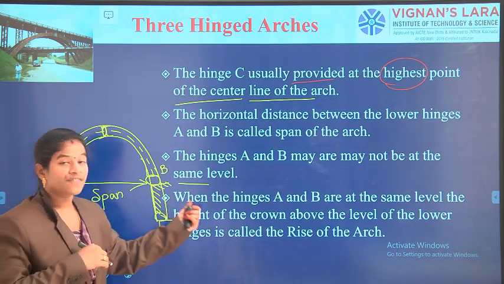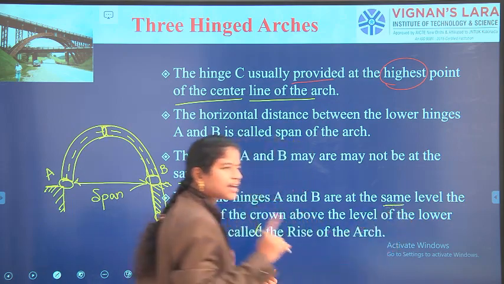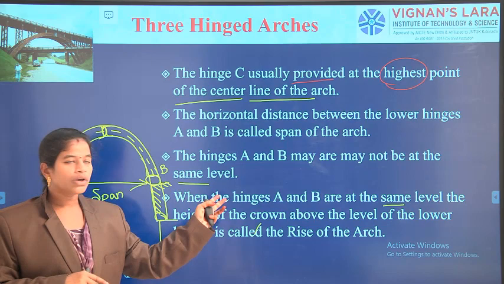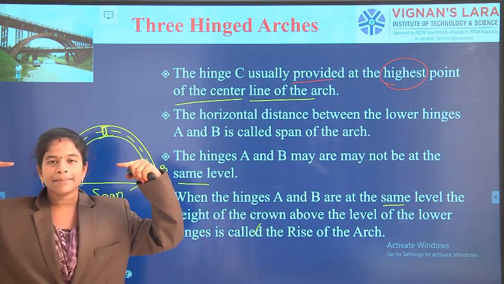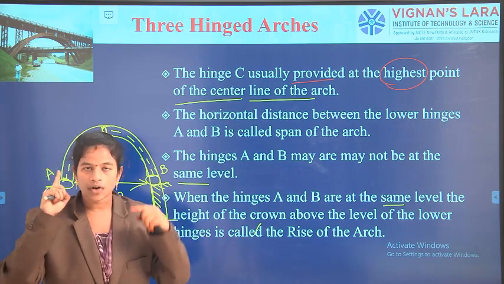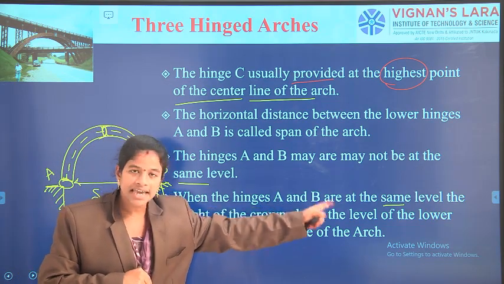When the hinges A and B are at the same level, I am taking one condition when these two are at the same level. We are having two possibilities: AB supports at the same level or not at the same level. Firstly, I am taking those two supports at the same level.